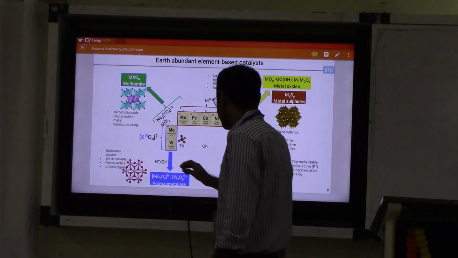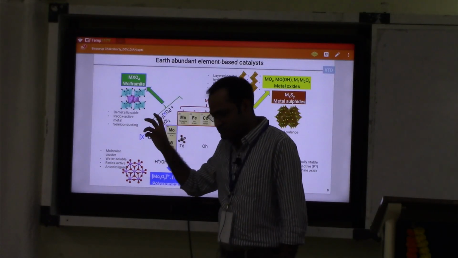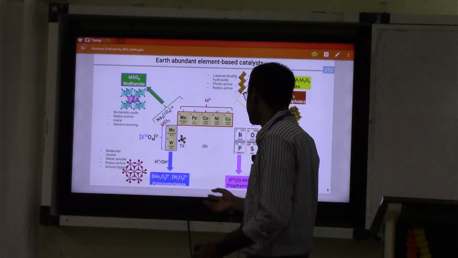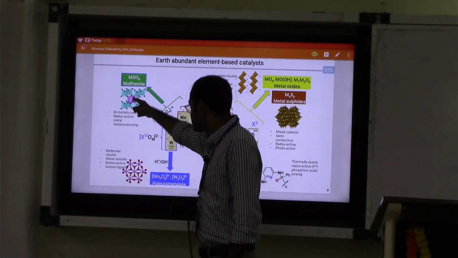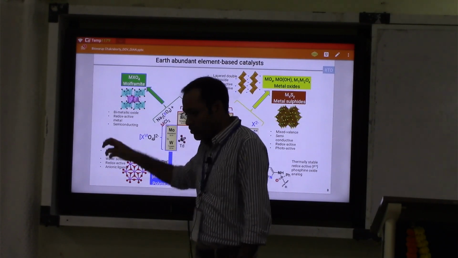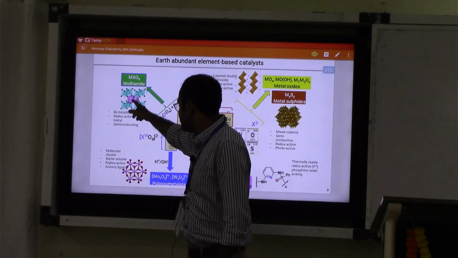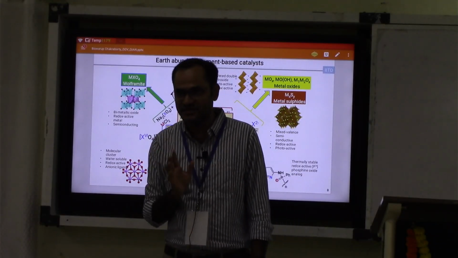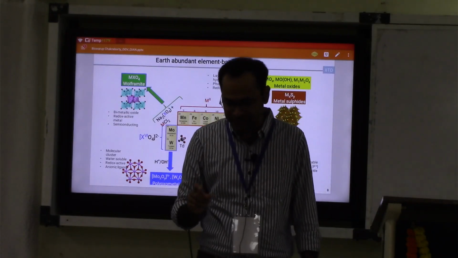As I said, these reactions are pretty simple. If you take these precursors and put them in a normal reaction condition, you can end up with this wolframite structure, and this shows one unit cell of the catalyst. This color code indicates that it has two metal centers in it, and that's why I call these bimetallic oxides.